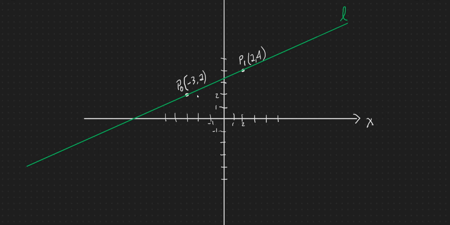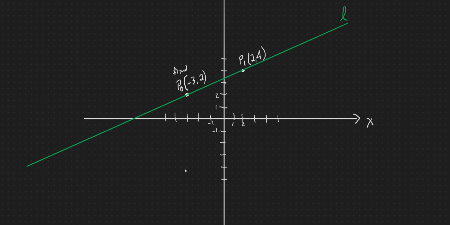P naught, think of this as my fixed point on the line. P1 is just some other point on the line that I know. But P naught I'm really going to focus on. We could use P1 as P naught; it doesn't really matter. As long as I have a fixed point, I'm going to say this is just going to be fixed.